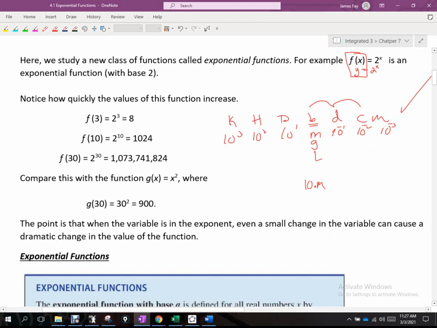But what I'm trying to get at is you've experienced things in which exponential relationships exist, because there I'm either multiplying by 100, or I'm multiplying by 1,000, which is 100 times 10, or I'm multiplying by 10,000, which is 100 times 10 times 10, or it's 10 times 10 times 10 times 10. Does that make sense? Okay. So we view the metric system as essentially built using this exponential function idea.